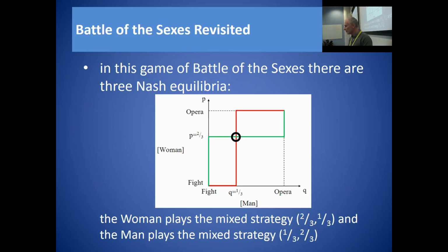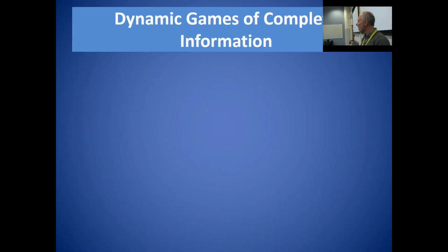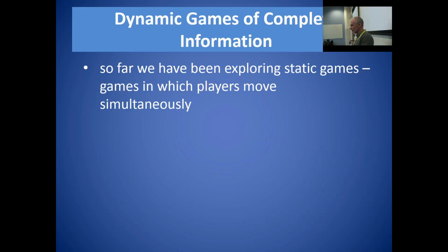And it's only by using the best response lines that we're able to identify all of the Nash equilibria. What I now want to do is move on to our next topic, and that, by the title that you've got here, relates to dynamic games of complete information. So, all of the games that we've studied so far have been static games.